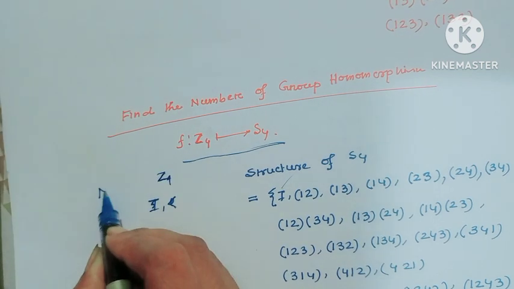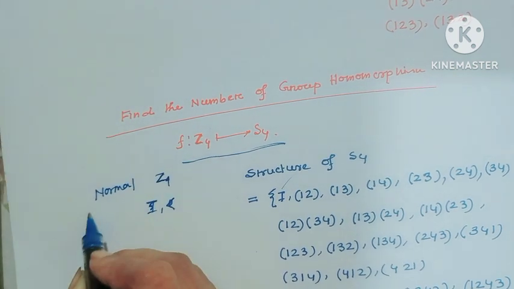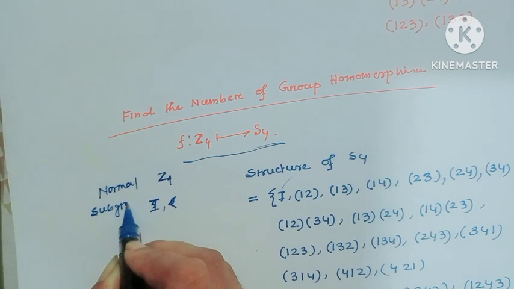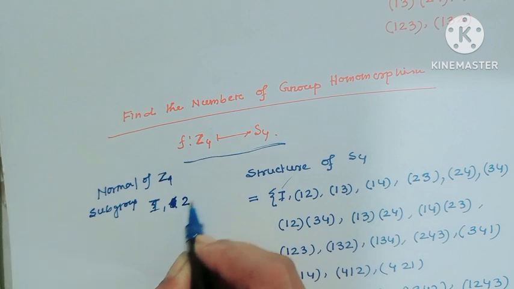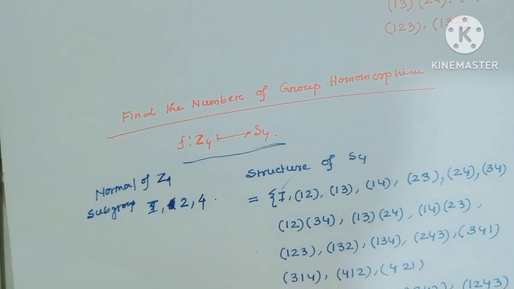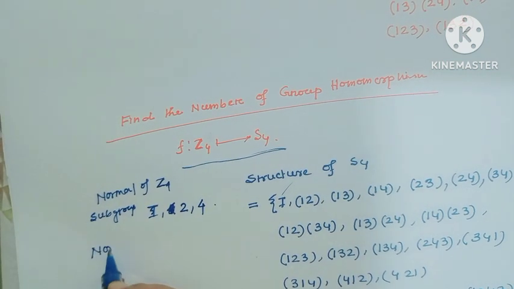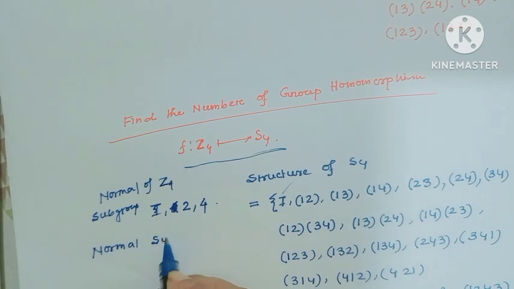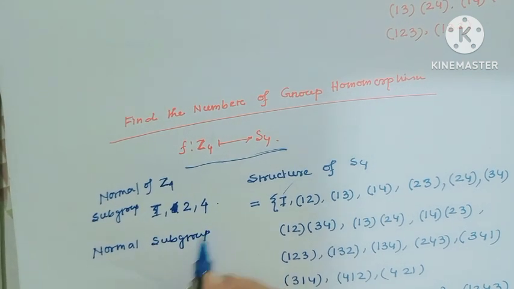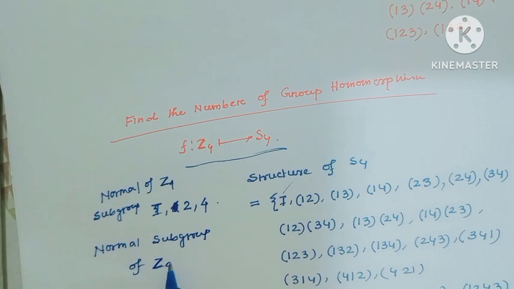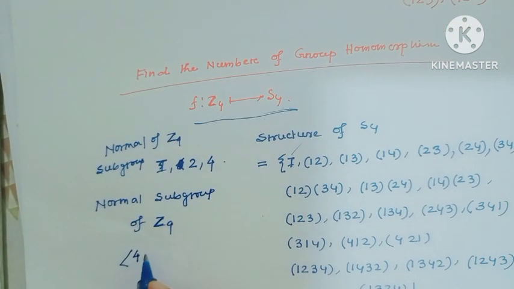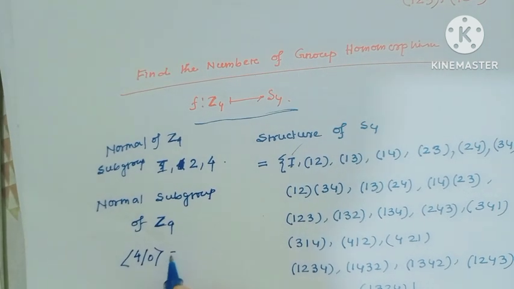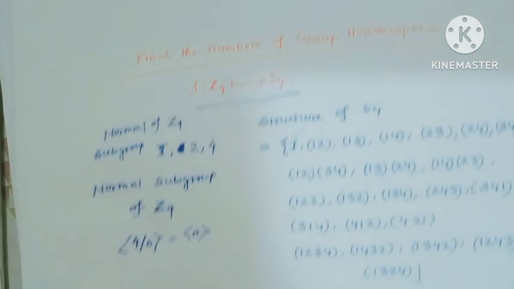The normal subgroups of Z4 have order 1, order 2 and order 4, and they look like the cyclic subgroup generated by 4 modulo 0, which is actually the cyclic subgroup generated by 0.